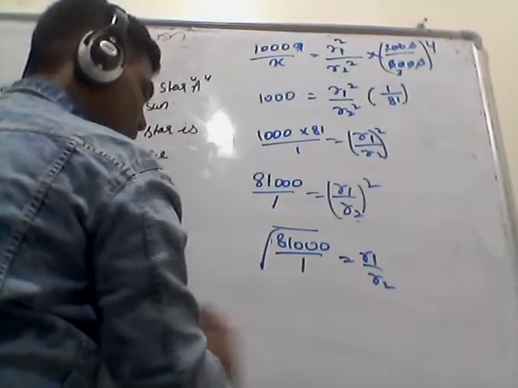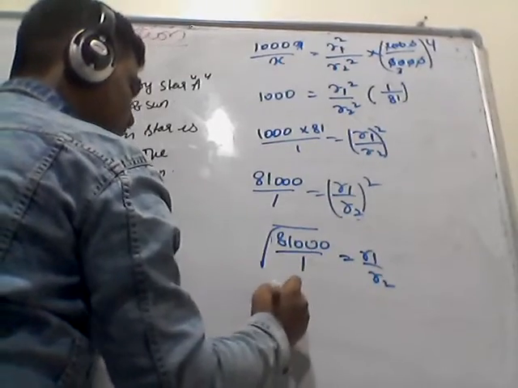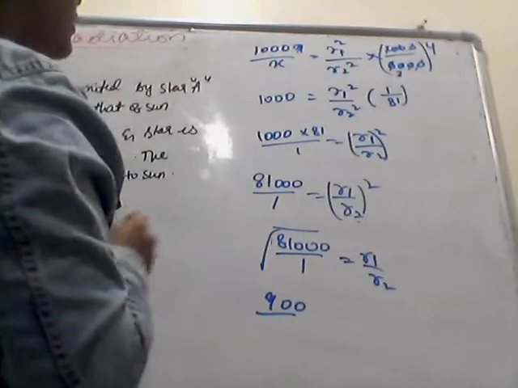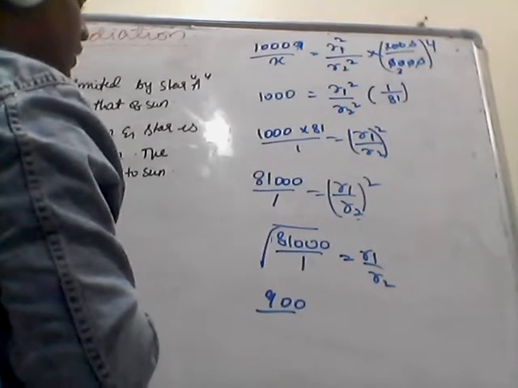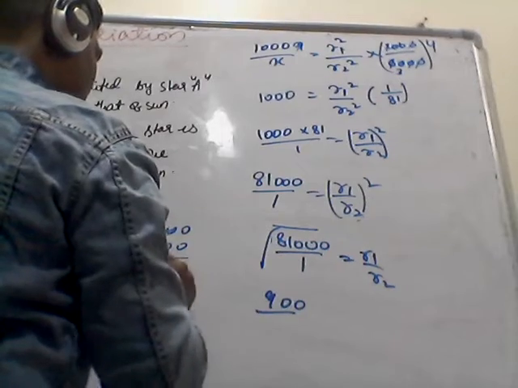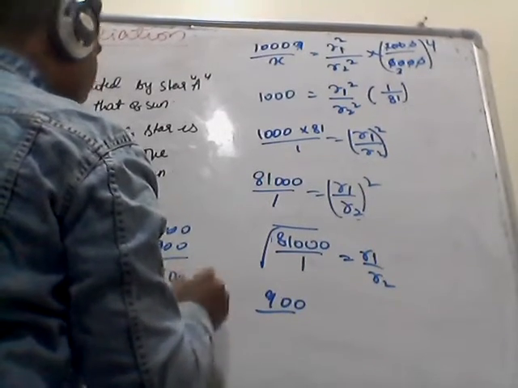Can I say 9 nines are 81, so 90 or 900? One more zero should be extra here.